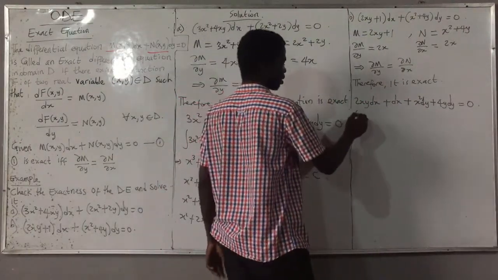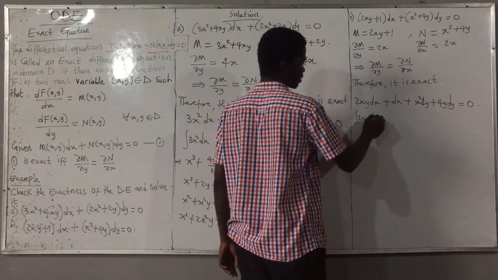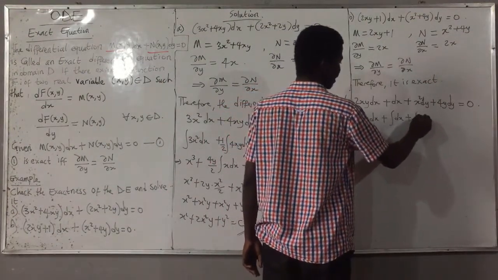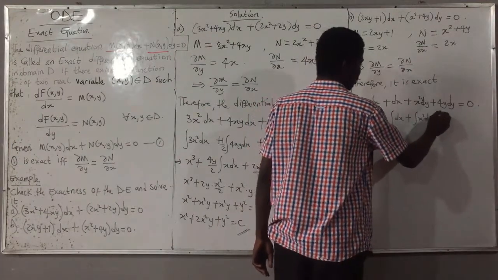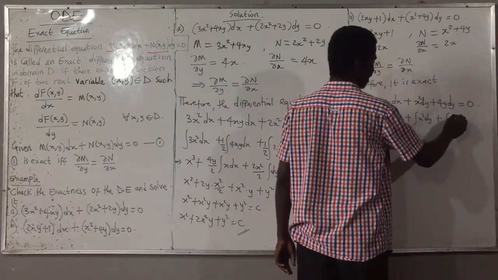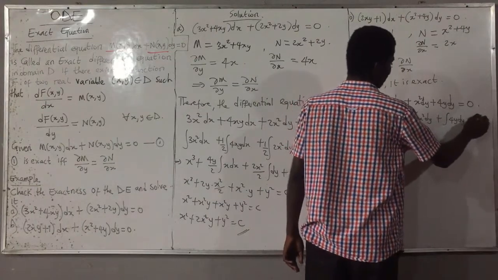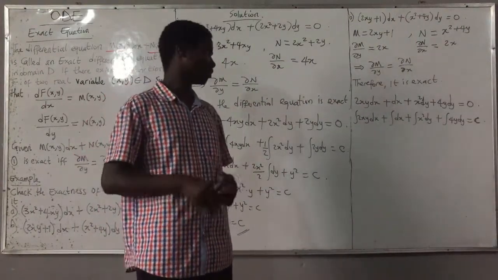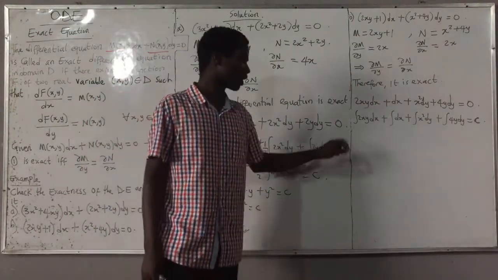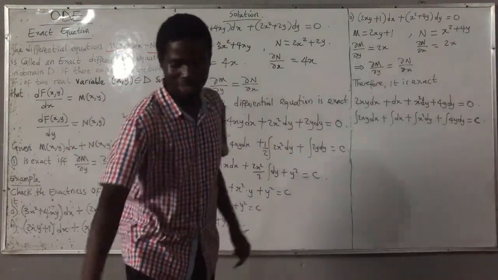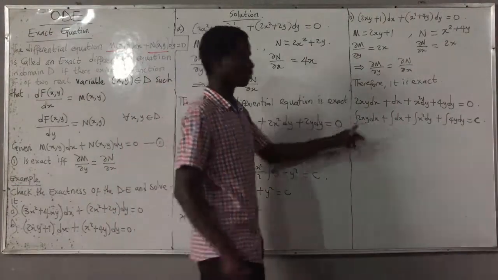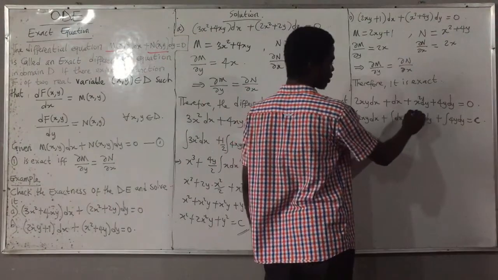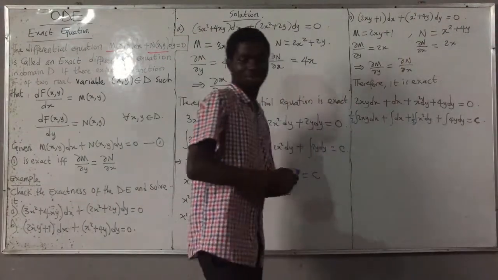This is the integral of 2xy dx plus the integral of dx plus the integral of x² dy plus the integral of 4y dy is equal to C. When you integrate 0, you will have a constant. So don't forget what I told you about. This one has two variables, 1 over 2. This one is just one. This one has two variables, 1 over 2. And that's all. Do you understand?